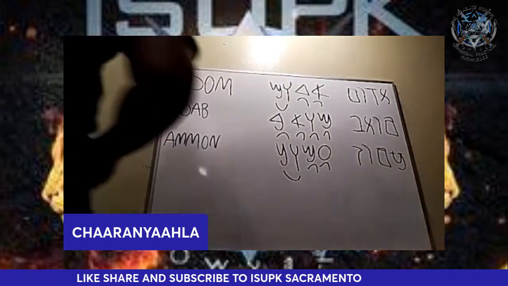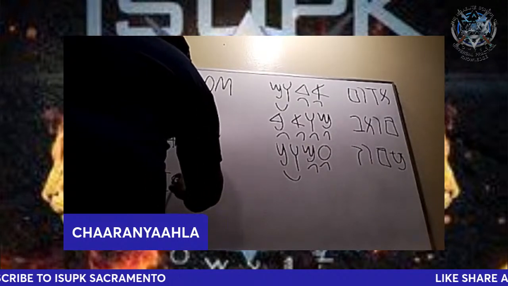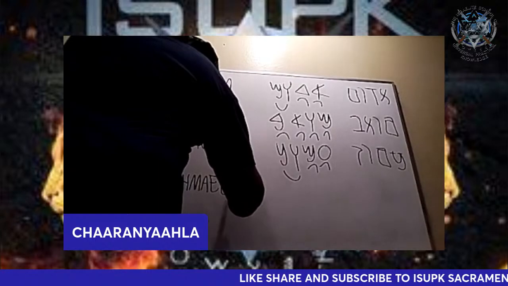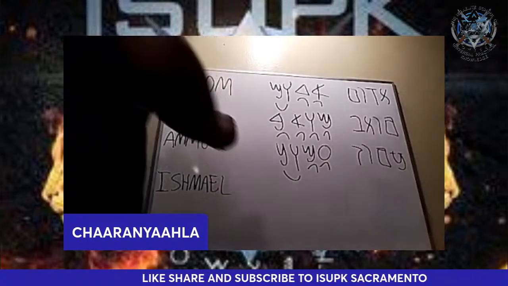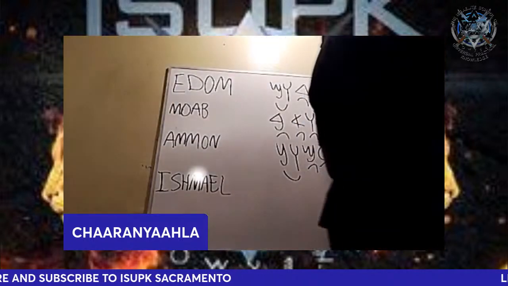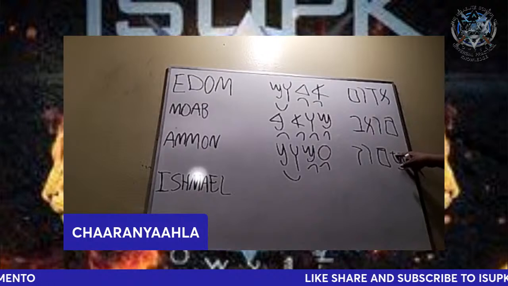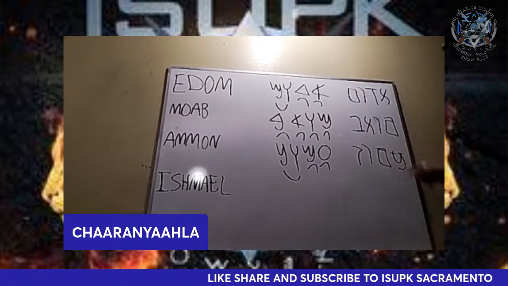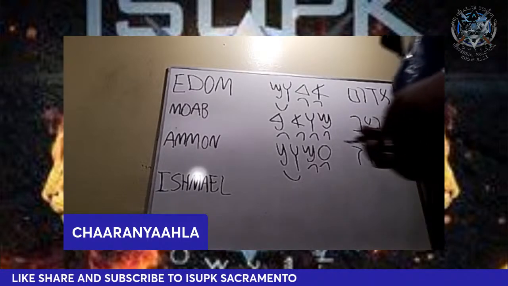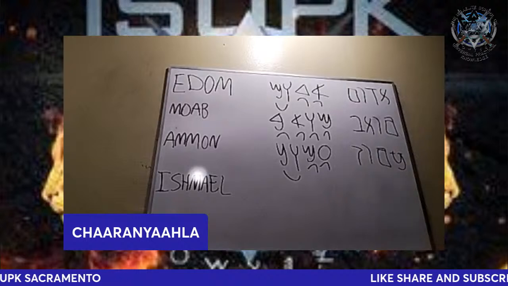Next we have Ishmael, that wild man. Abraham's son with the handmaid of Sarah, Hagar, who was the Egyptian. The forefather of the people that the Lord said his covenant is not with. These are your so-called Arabs today, so-called Arabic people today.